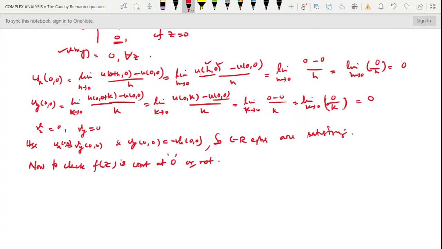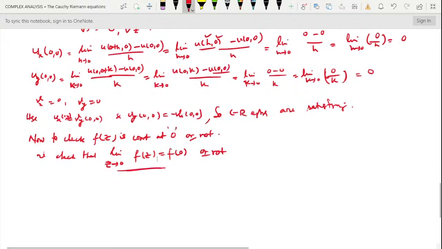So how to check the continuity? That means to check that the limit as z goes to 0 of f(z) is f(0) or not. If this is satisfied, then you can say f is continuous at 0.